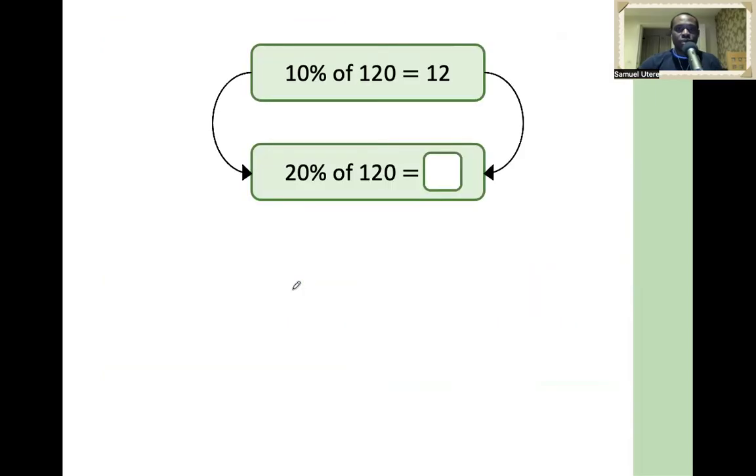Now, we can use multiplicative relationships to find percentages of amounts we may not know. So, for example, if we already know that 10% of 120 is 12, to get 20%, you can see that 20% is double 10%. It means we need to double our answer, which is 24.